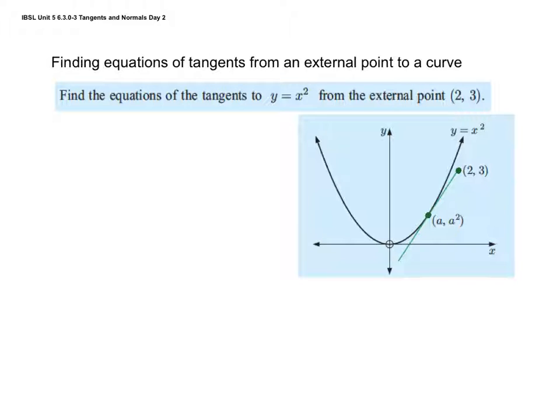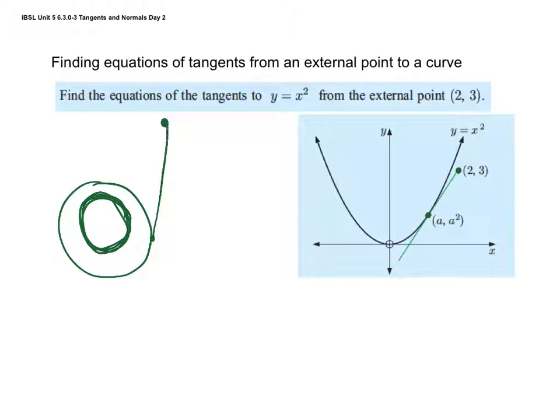This is the kind of thing with Apollo 13, where you had them orbiting around the moon, and you had Earth over here, and they wanted to make sure that they hit Earth. So they had to figure out, where do we need to get out of the moon's orbit so that the tangent line will take us straight to Earth? And I got the sizes reversed there, because the Earth is bigger than the moon.